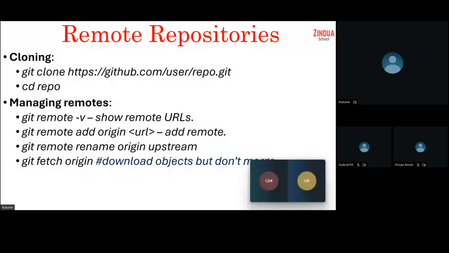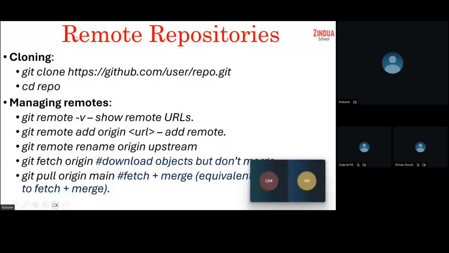In case you want to fetch, so you download objects but you don't want to merge them, you use git fetch. But git pull origin main will fetch and also merge the changes. And as we did yesterday, we have our code now and need to push it to the remote repository. What we'll do is git push origin main.